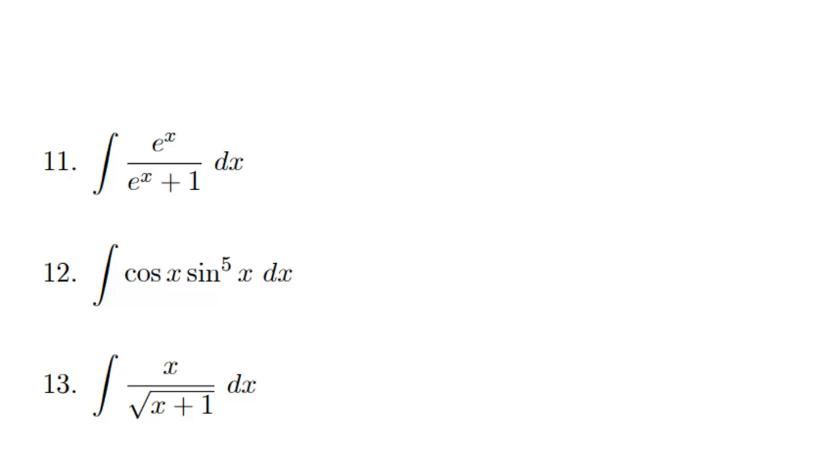I would, in fact, do one of two things. I could just let u be the denominator, e to the x plus 1. And that's what I would, in fact, am going to do right here. Two ways I can handle this. This one, it works out when you do the du. You just get the e to the x dx.